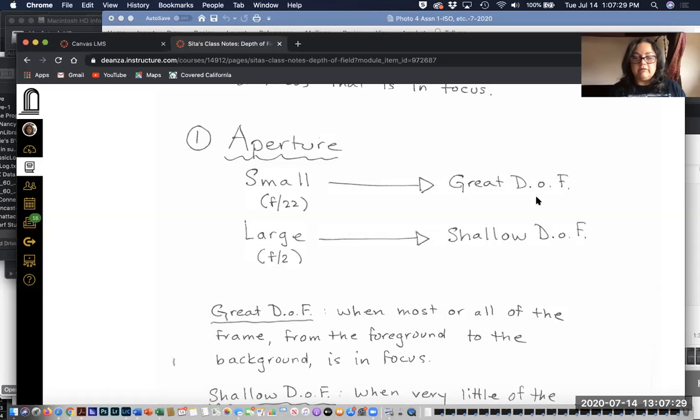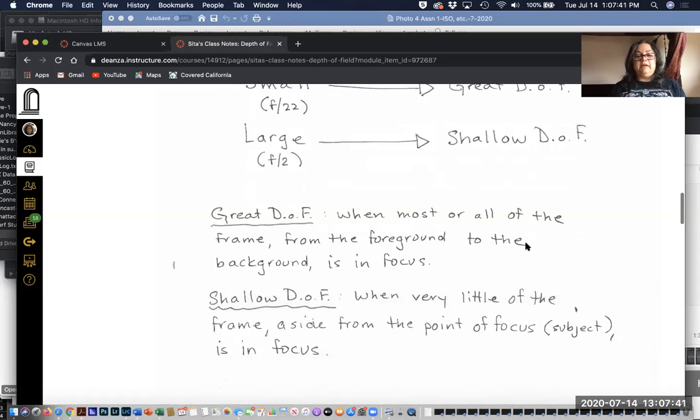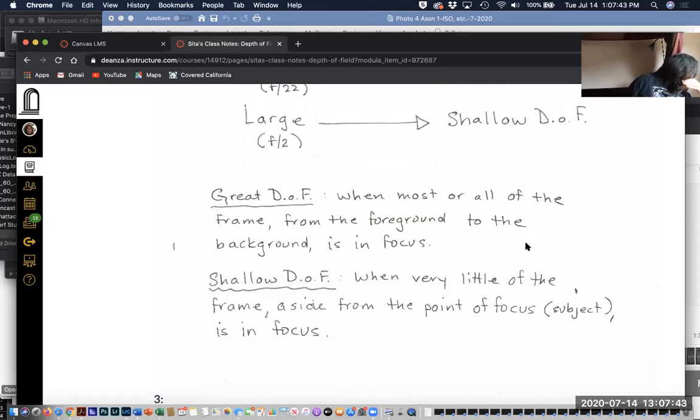And then the larger the aperture, for example, f2, the shallower the depth of field, the less will be in focus. And again, sorry, these are the definitions. Great depth of field when most or all of the frame from the foreground to the background is in focus. Shallow depth of field when very little of the frame, aside from the point of focus or your subject, is in focus.